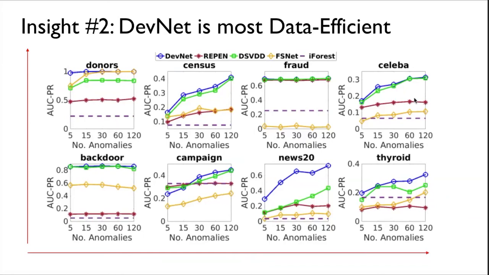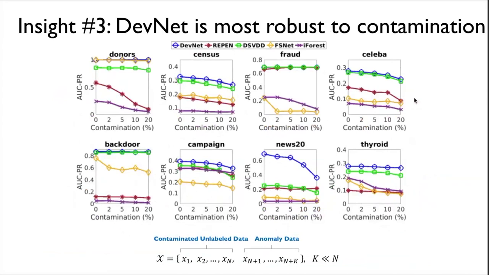The third insight is they try to see whether the proposed framework is robust to contamination. Contamination means that they vary the percentage of anomalies in the unlabeled data.